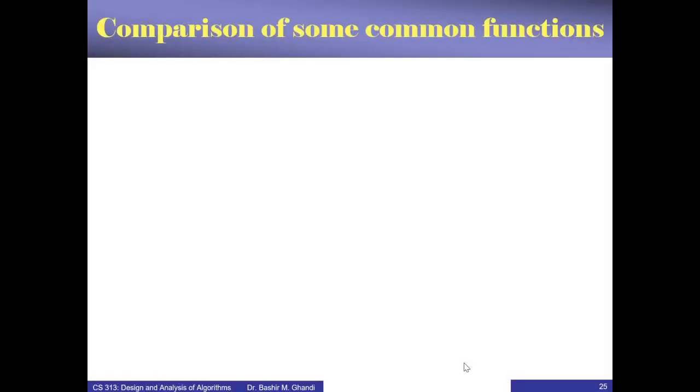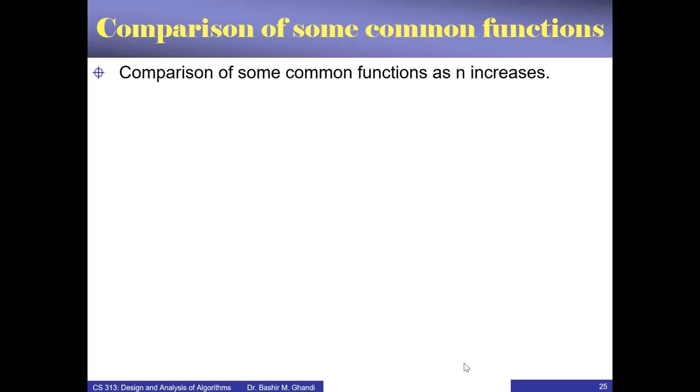Alright. We're going to conclude this lecture by trying to compare these complexity classes so that we have an idea of which of them is growing faster than the other. How do the different complexity classes relate?